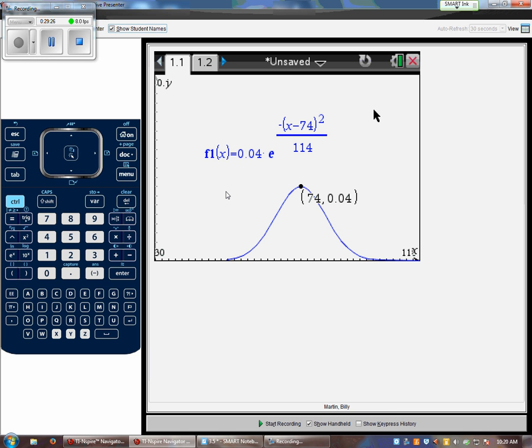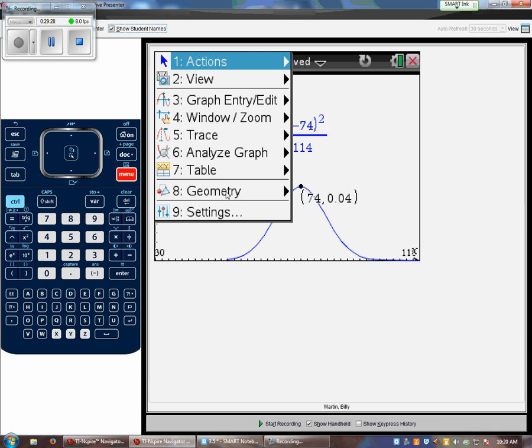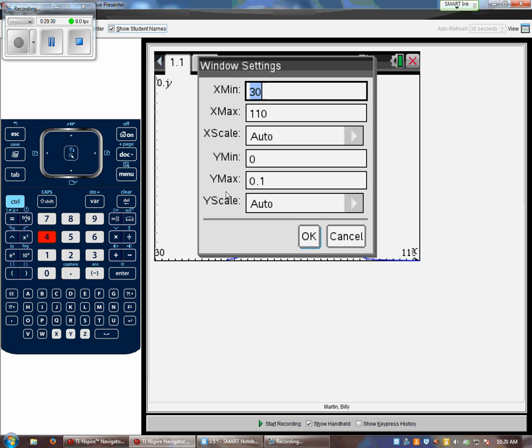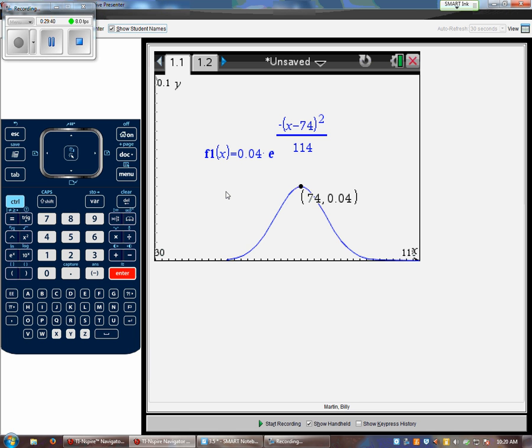Can you just show your window settings? Don't change them at all, just show the window zoom settings. All right, so 30 to 110, and then 0 to 0.1. Okay, that's good. Say okay. And then we did menu, analyze, maximum, and we saw that the maximum was at 74.